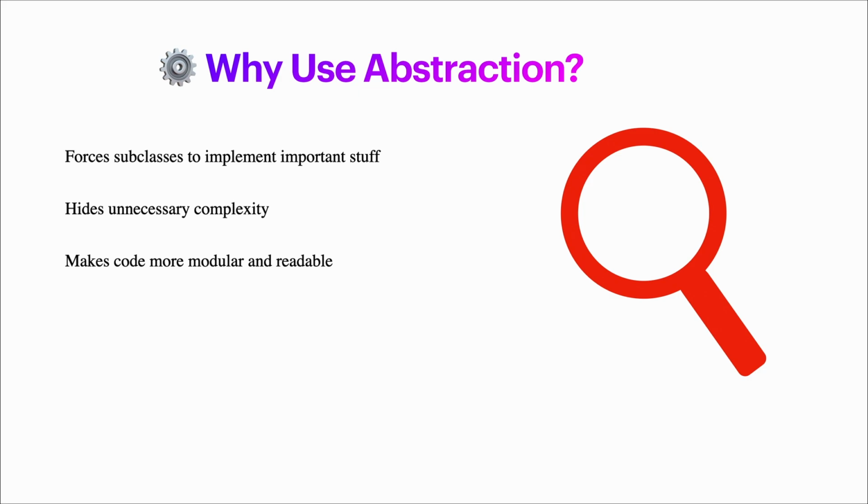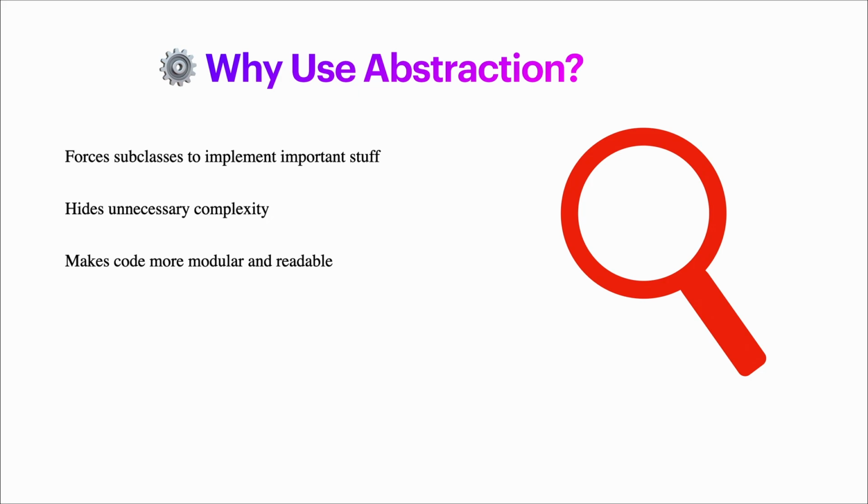Abstraction hides unnecessary complexity. And third, abstraction makes code more modular and readable. The first one is very important: it forces subclasses to implement important stuff so it doesn't get skipped. Number two, it hides unnecessary complexity. And number three, it makes code more modular and readable.